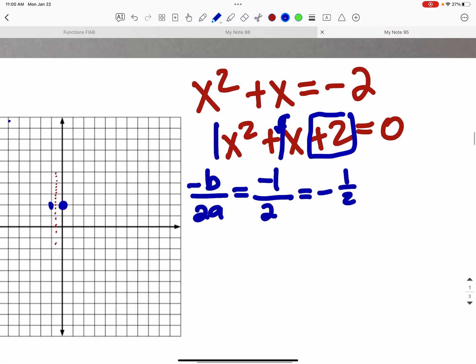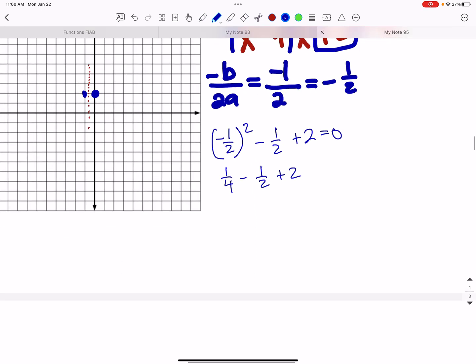All right, so where does this graph go? Does this graph ever hit the line? Well, let's see. Let's plug in -1/2. -1/2 squared minus 1/2 plus 2. This is +1/4 minus 1/2 plus 2. You could say 0.25, if you like doing it in decimals, minus 0.5 plus 2. -0.25 plus 2 is +1.75.